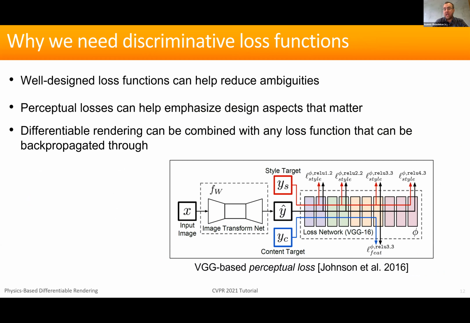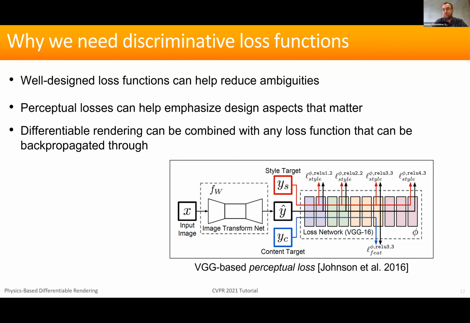In fact, any kind of differentiable function that can be backpropagated through can be combined with differentiable rendering pipelines to form a full end-to-end differentiable inverse rendering pipeline that can help us either reduce ambiguities that exist between parameters, or if somebody is using inverse rendering as a design task, to emphasize aspects of this design that matter the most. For example, emphasize parameters that have strong effect on perception.